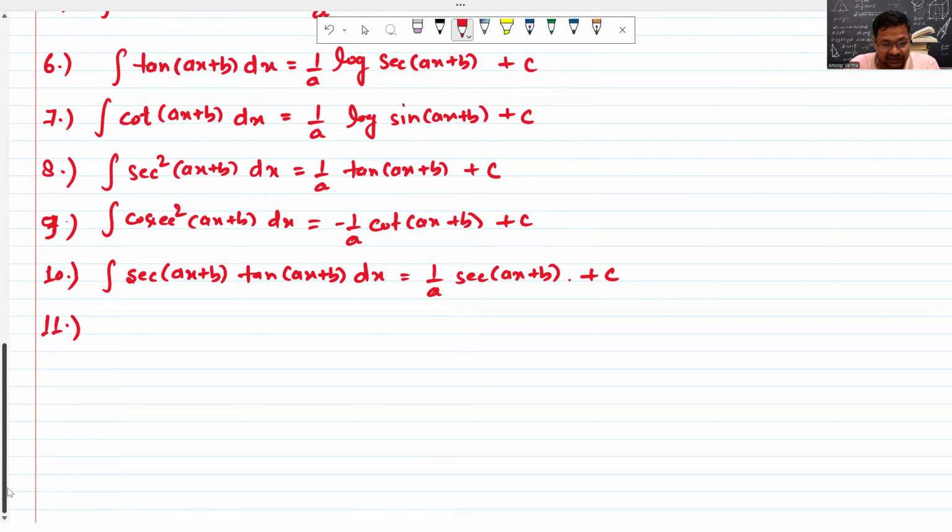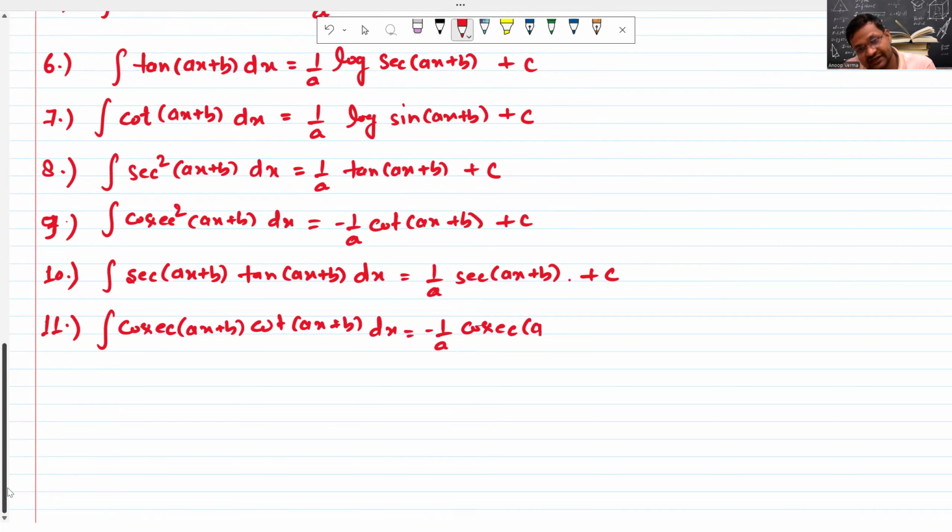I'm writing the 11th formula, that is cosec (ax plus b) cot (ax plus b) dx is just equal to minus 1 upon a cosec (ax plus b) plus c.